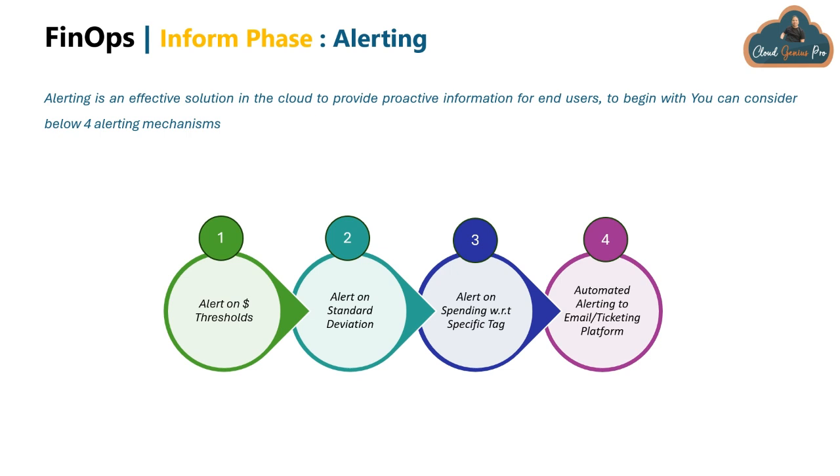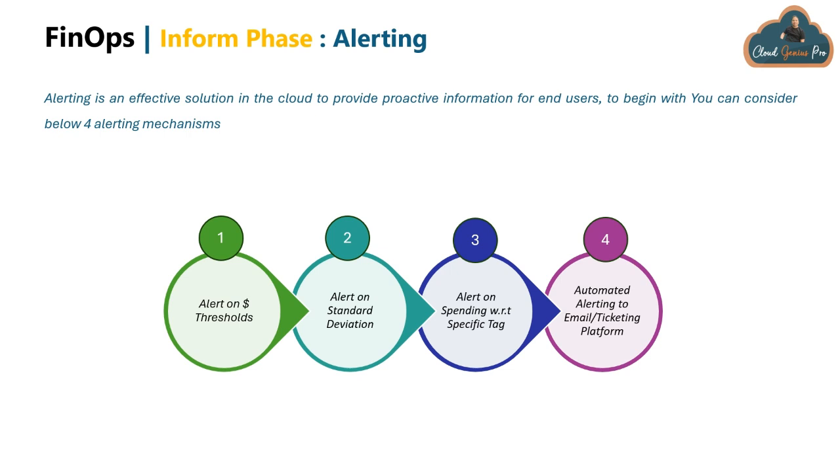If you throw all the alerts into emails, most of the time those emails are unattended and we never check them. There is a provision where you can configure automated alerting for email as well, but I would recommend you consider only alerting which gets converted into tickets under incident management or ticketing solutions.